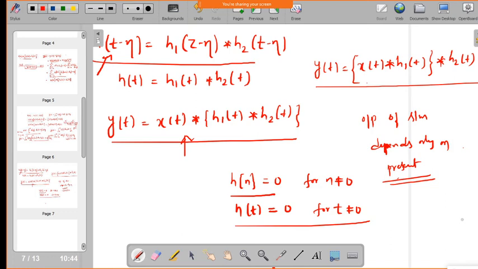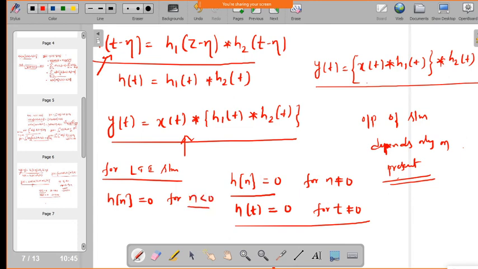And similarly the causal system. In general, if the system depends on present or past values, then the system is said to be causal, is it not? If it depends on the future, then it is a non-causal system. Now for the LTI system case, if the system is causal, then its impulse response h of n is 0 for n less than 0.